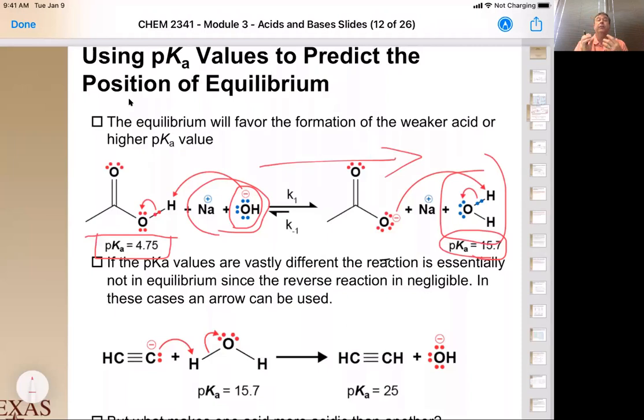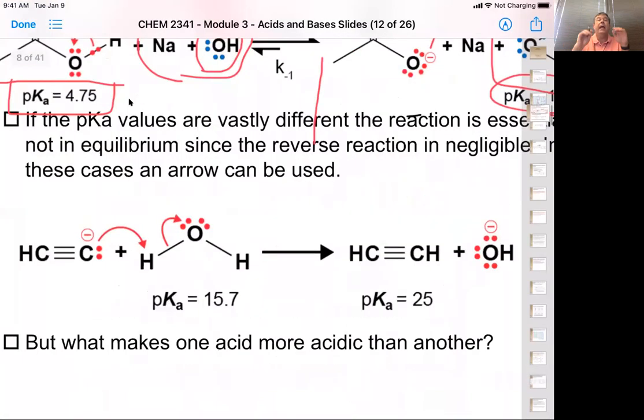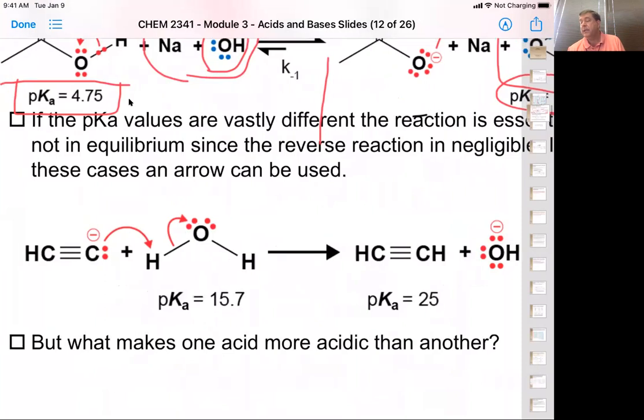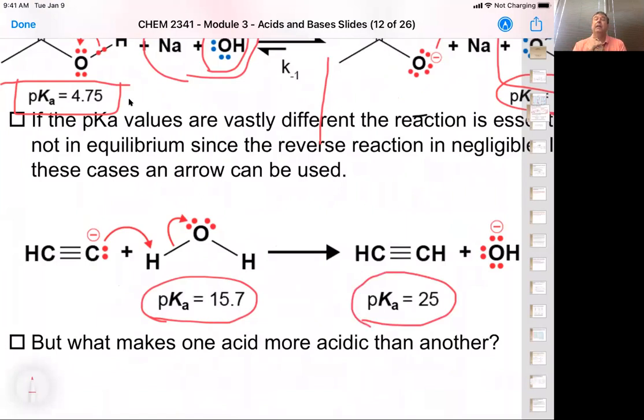Okay, that's true for any system, even things that don't have water in them. For example, you can have vastly different ones right here. We have acetylide ion in the presence of water, making it the acid, and it has a pK of like 15.7. And then if we look at the conjugate acid here of that acetylene, it has a pK of 25. So that means that it is going to shift toward the weaker acid.